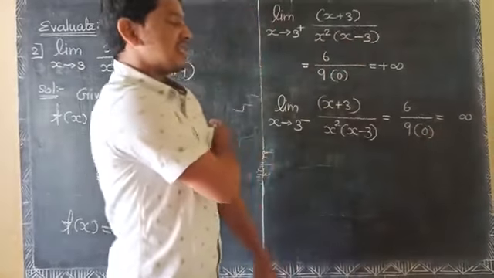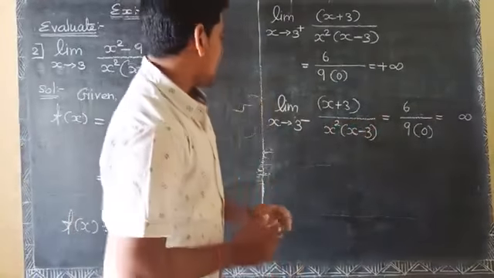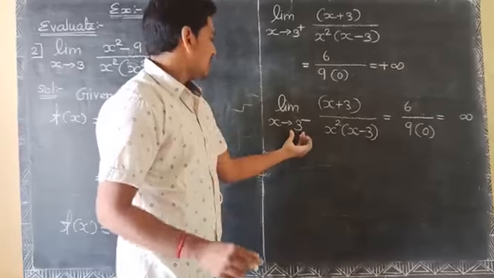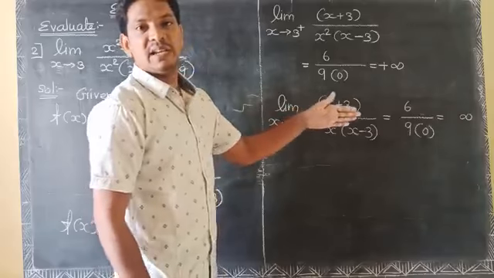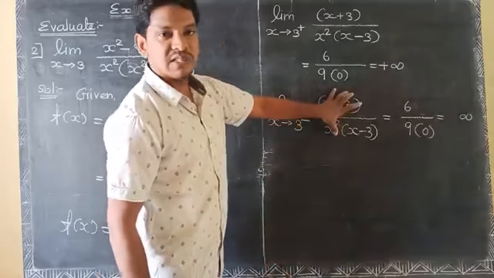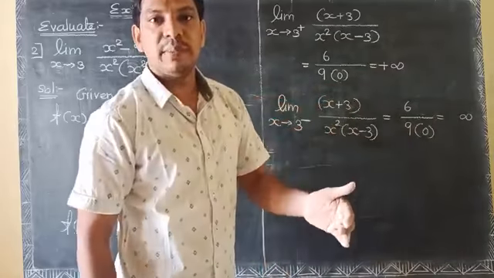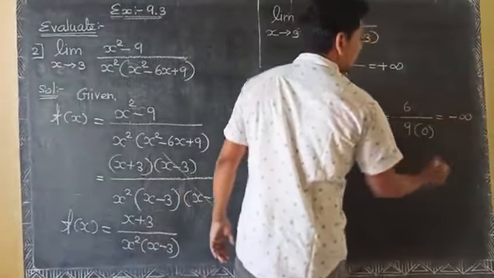Here, to decide whether the function goes to plus infinity or minus infinity, we take a neighborhood point of 3. From the left side, we take x equal to 2.9. Substitute into the function, and it has a negative sign, which means the function approaches minus infinity.